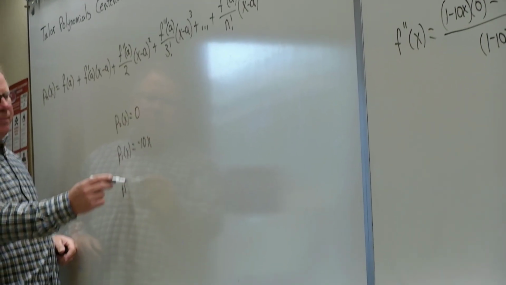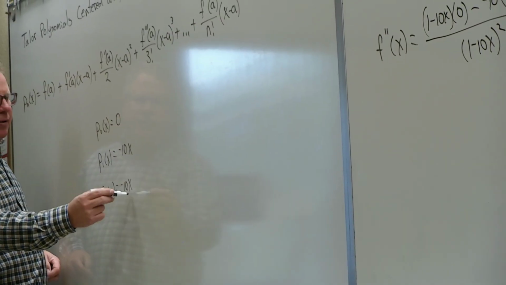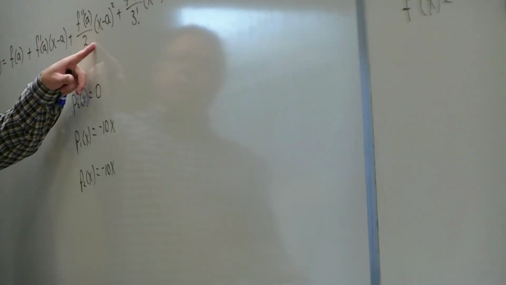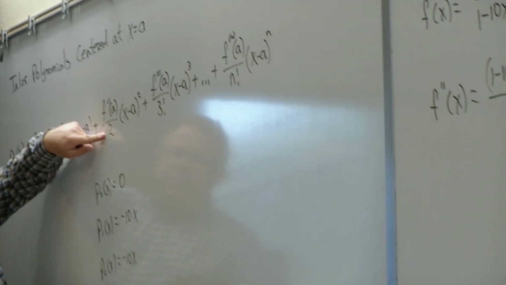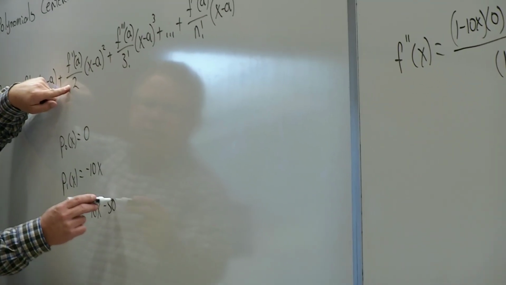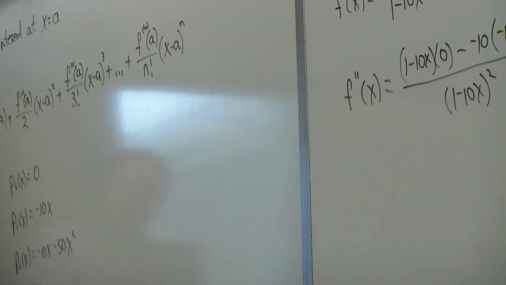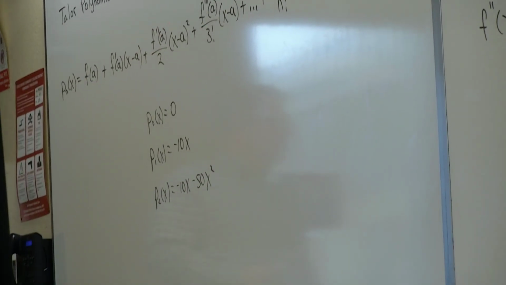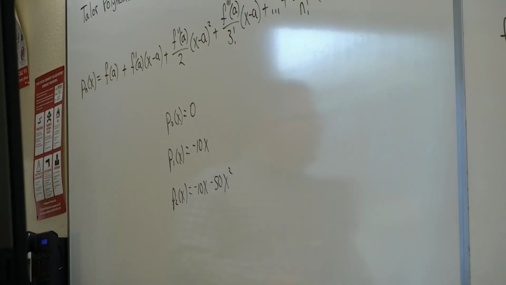And P2 will be this term plus the quadratic, which we got negative 100. So this would be negative 100 over 2, which would be negative 50x squared. All right, let's put this in.